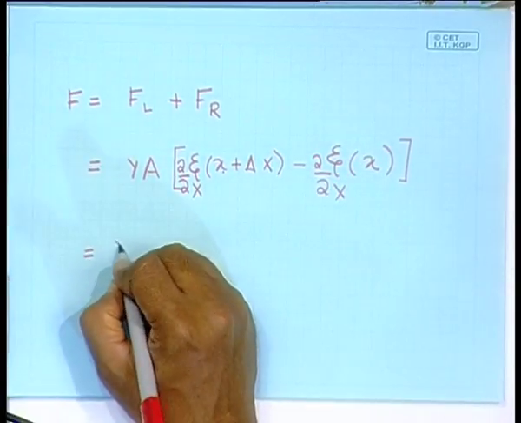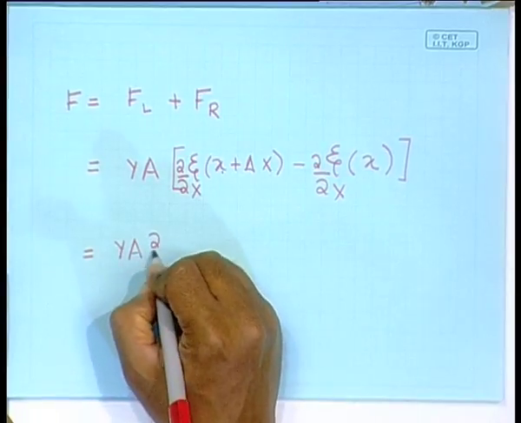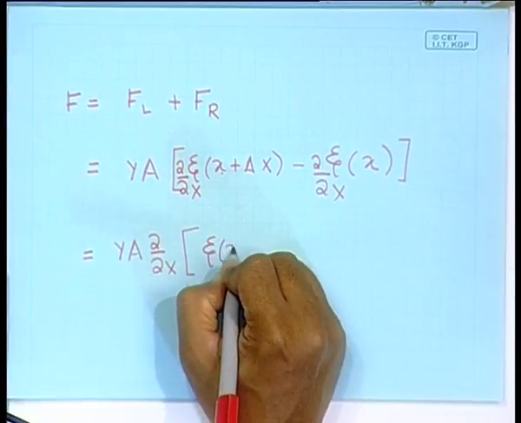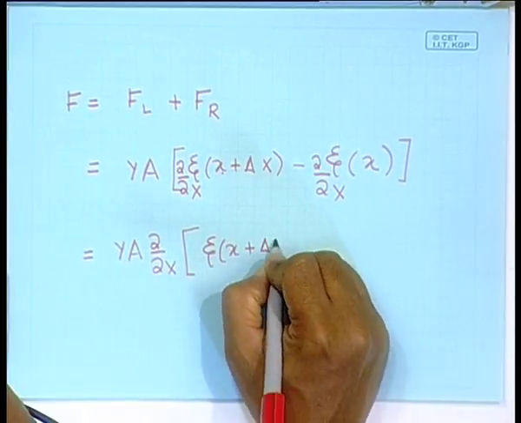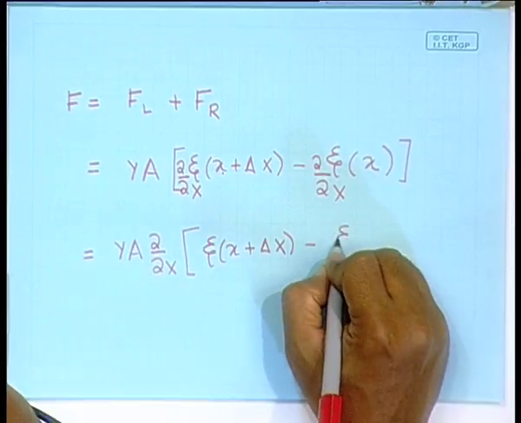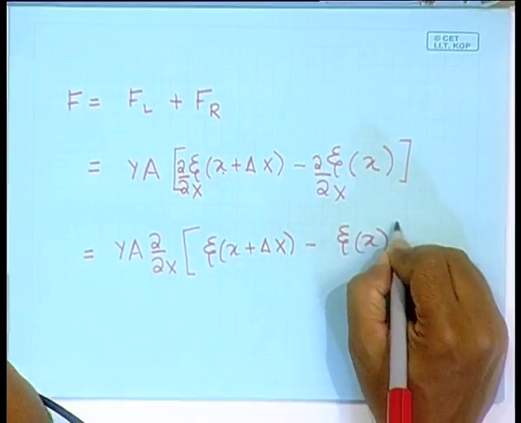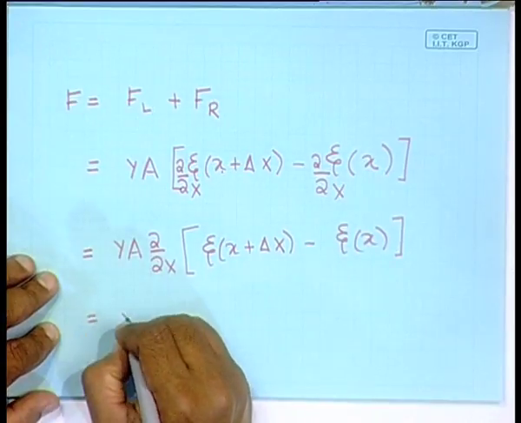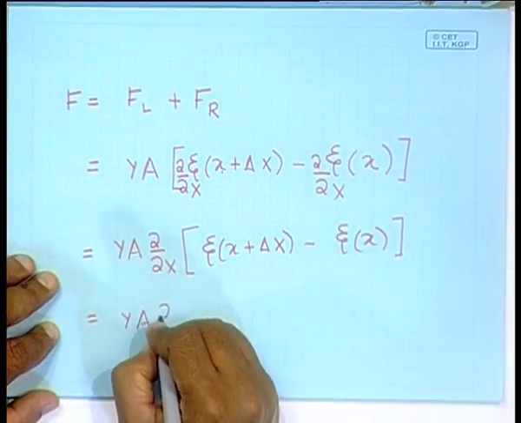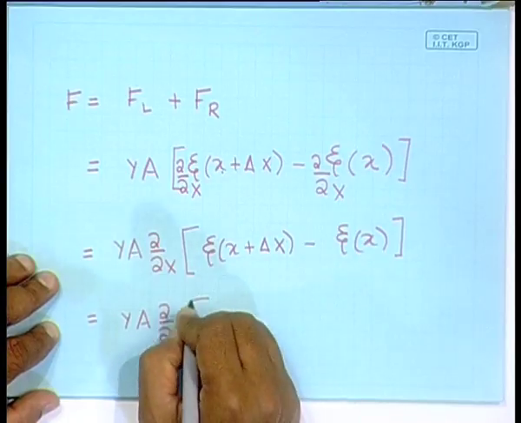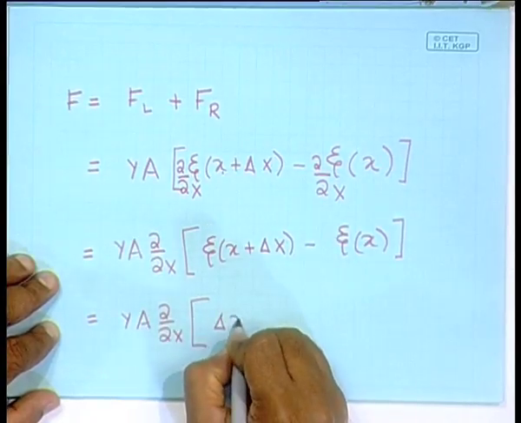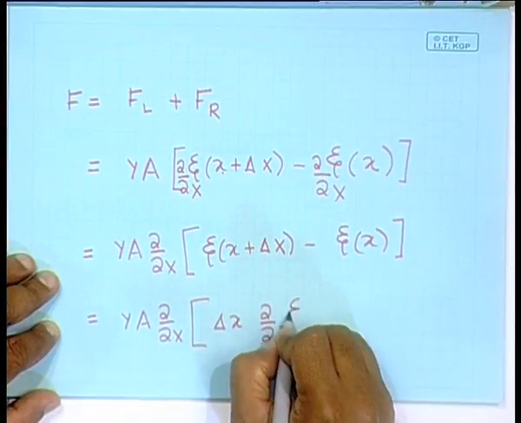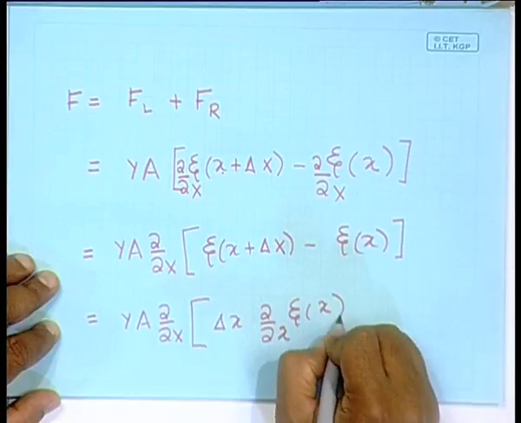We can write this as y a del del x of xi x plus delta x minus xi x, and this difference we can write as delta x into the derivative of xi with respect to x, keeping only the first order term.